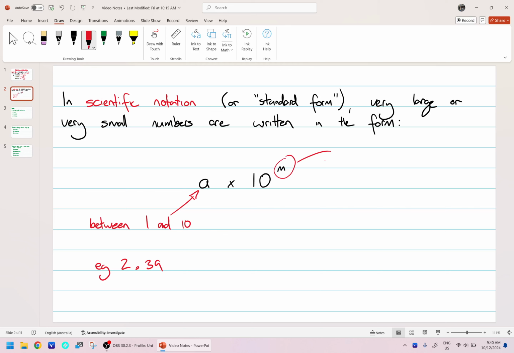And then that power is representing how many places the decimal point moved. And the direction in which the decimal point moved determines whether that power is going to be positive or negative. We'll have a look at that once we get to the examples.